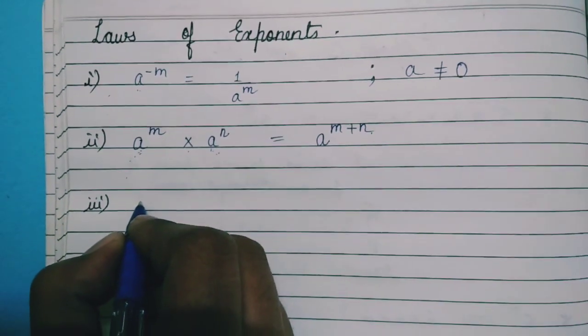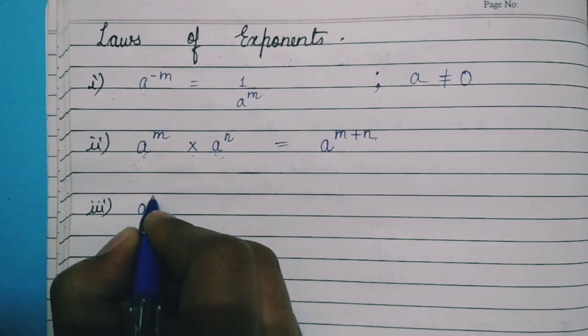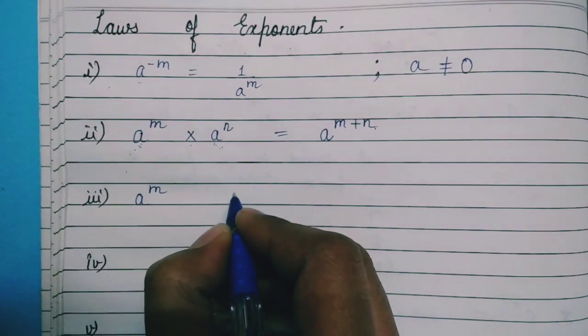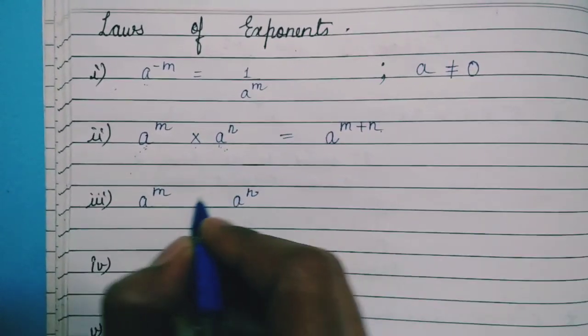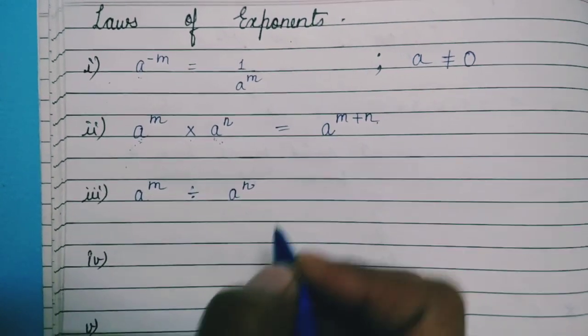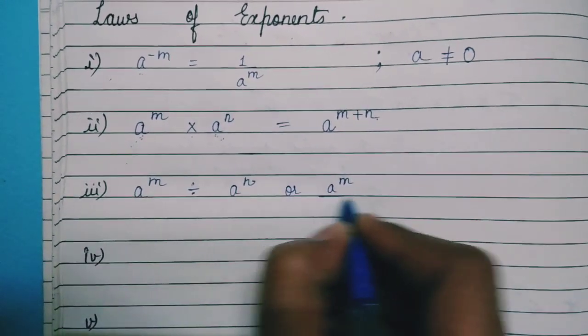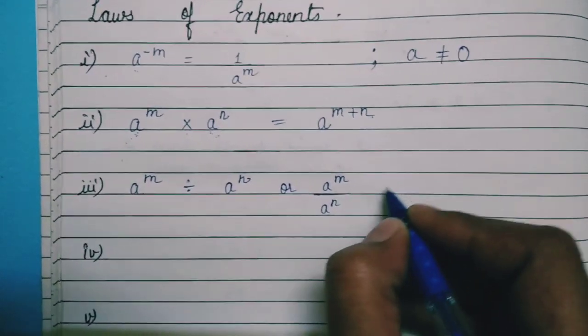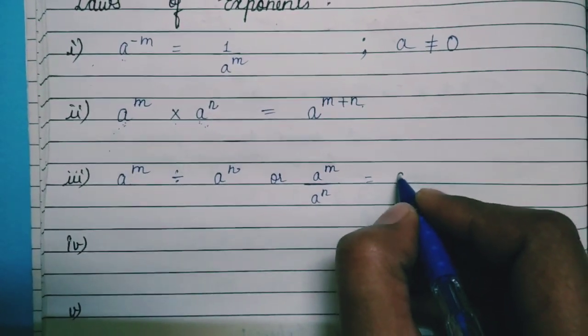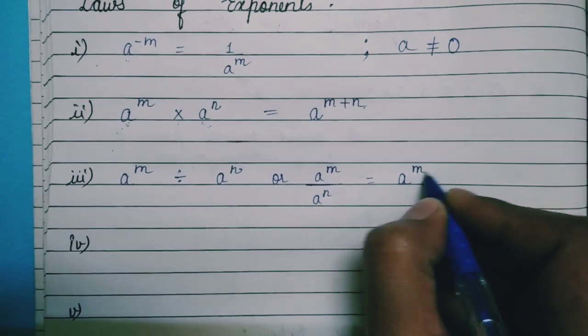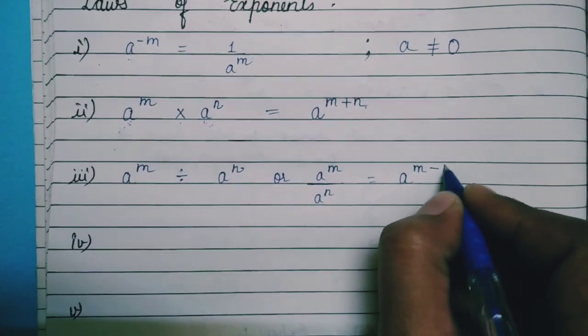Now third law is when a raised to power m and a raised to power n will divide each other, or maybe come in this form a raised to power m over a raised to power n. So what we will do? We will simply subtract the same base powers.